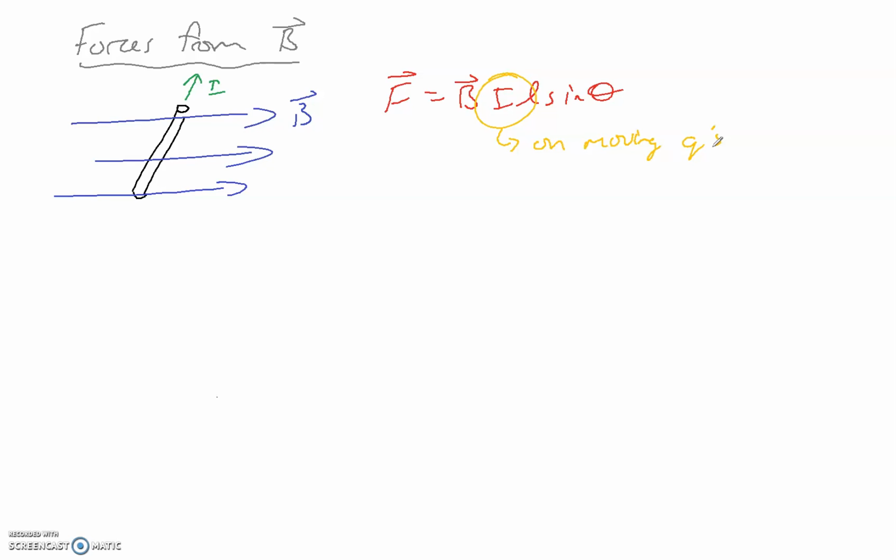If we go back to what you learned in grade 9, current is defined as the rate of charge flow, delta Q over delta T. If we put that into the expression, we can see something else. The magnetic force is equal to B, put delta Q over delta T in there, times the length sine theta.